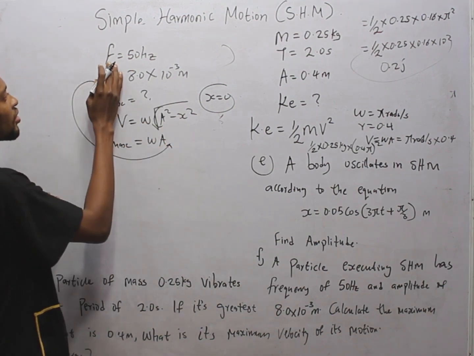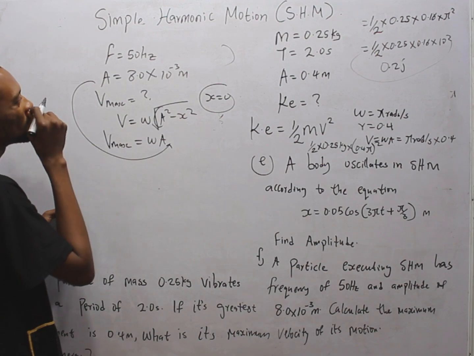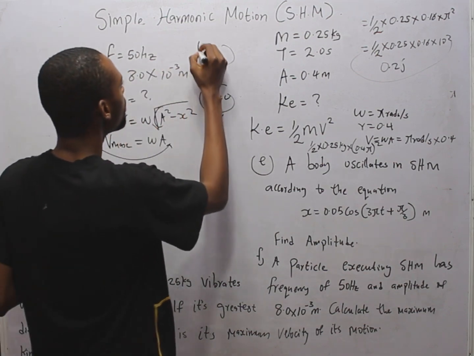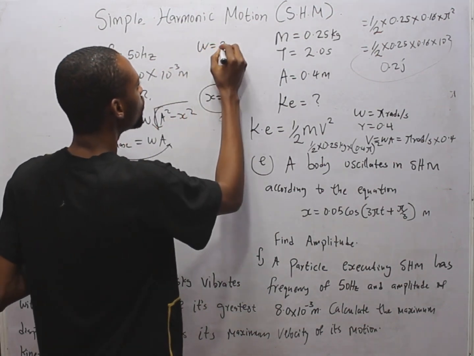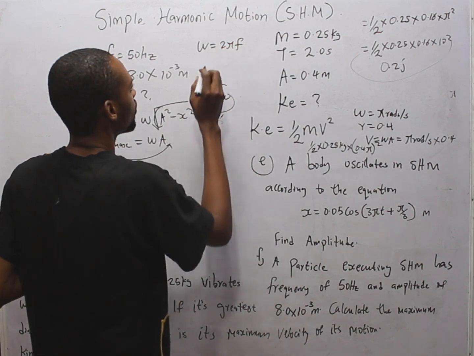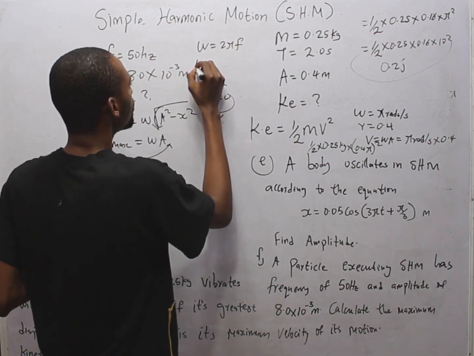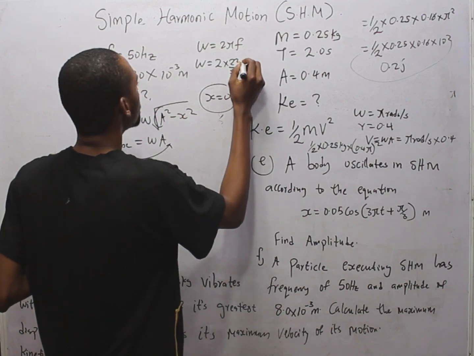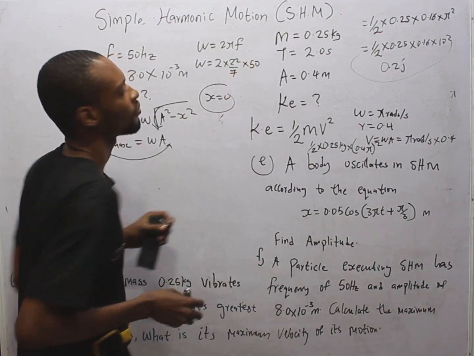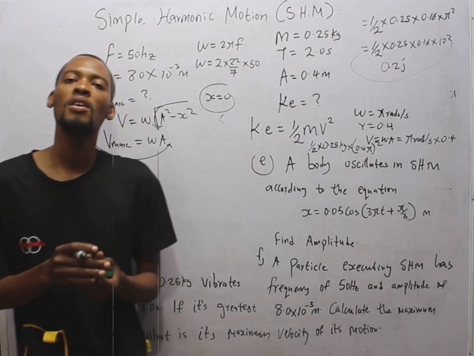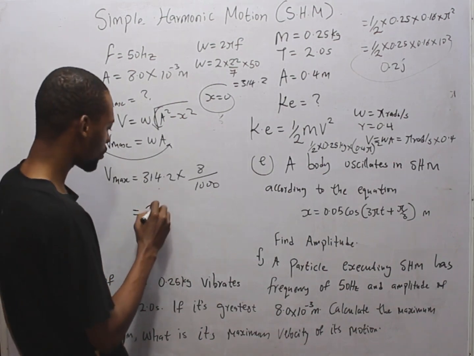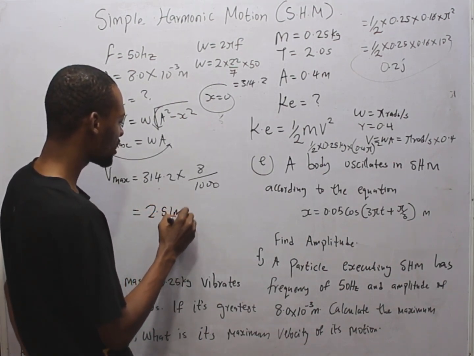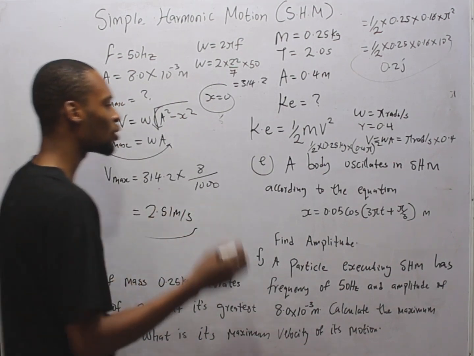How do we get W? W is equal to 2 pi f. This is equal to 2 times 22/7 times 50. That is how we solve for W. This will give you 2.51 meters per second, if I am correct.